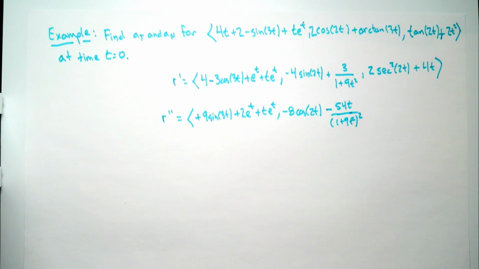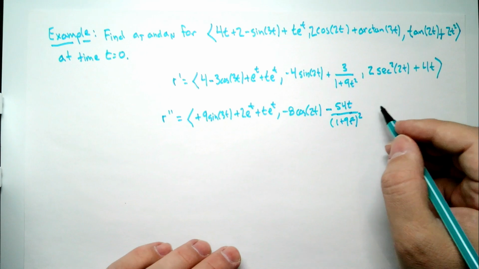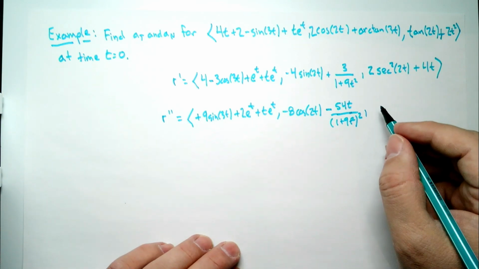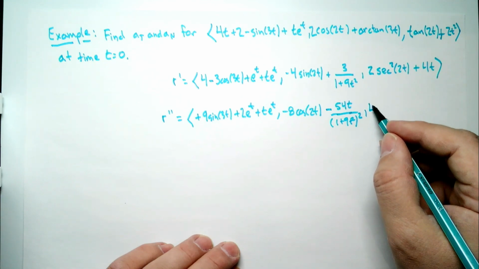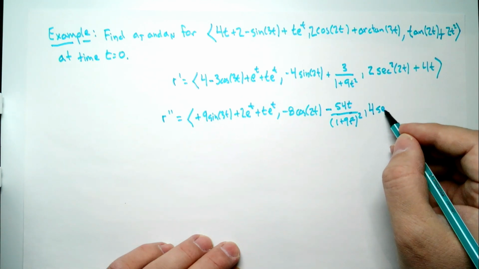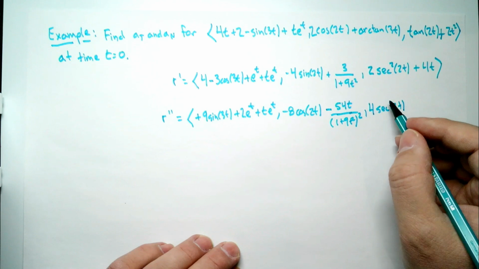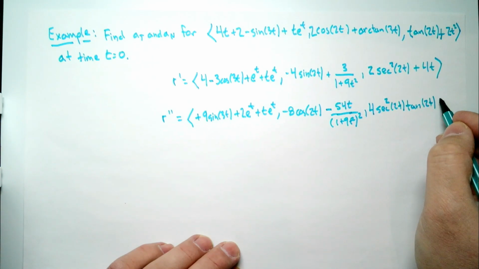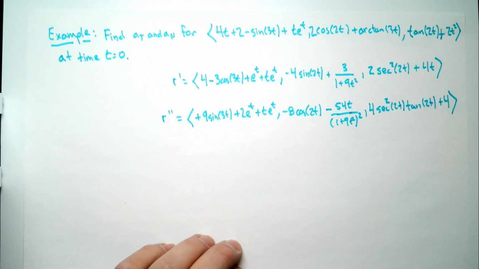All right. Good. Next, the derivative of 2 secant squared of 2t becomes 4 times secant of 2t times the derivative of secant. Well, that's another secant tangent, and then plus 4. All right.